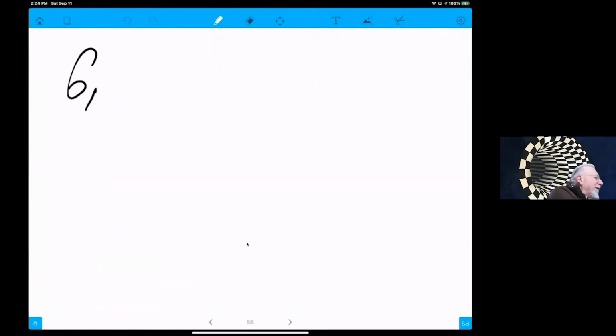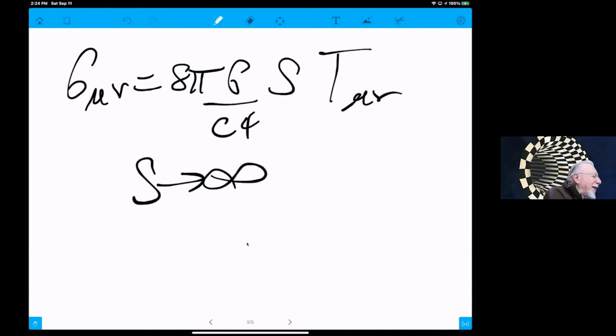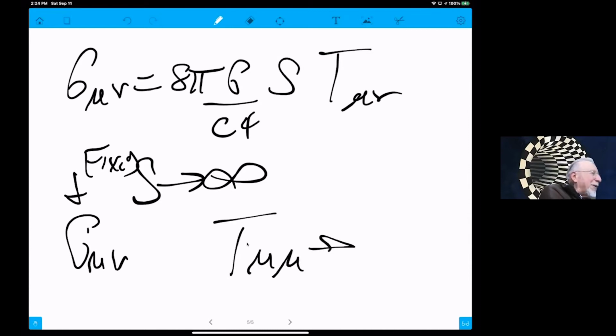If G mu nu equals 8 pi G over c to the 4th times S times T mu nu, then roughly, if S goes to infinity and we keep G mu nu fixed, because we have a desired warp field we want to make, T mu nu goes to 0.